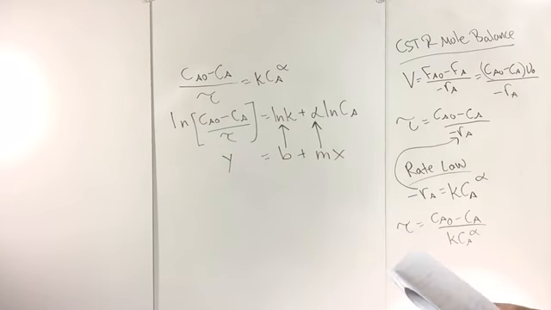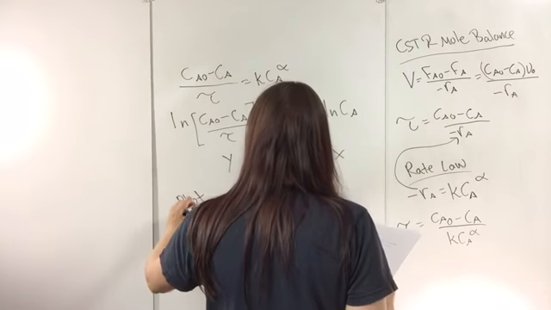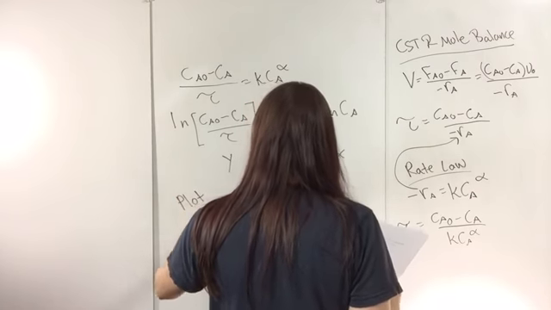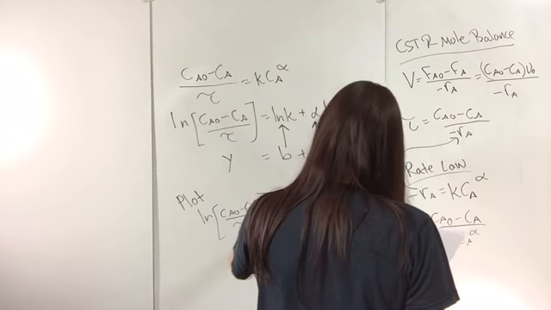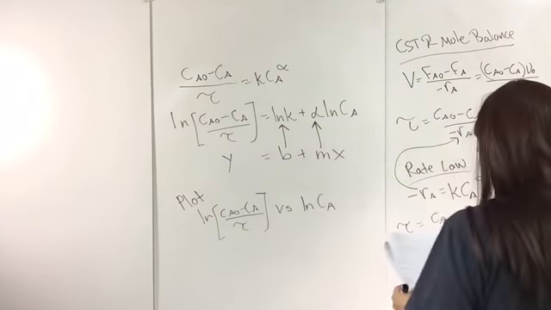So now what you want to do is plot this. You're plotting the natural log of Ca naught minus Ca over tau versus the natural log of Ca.